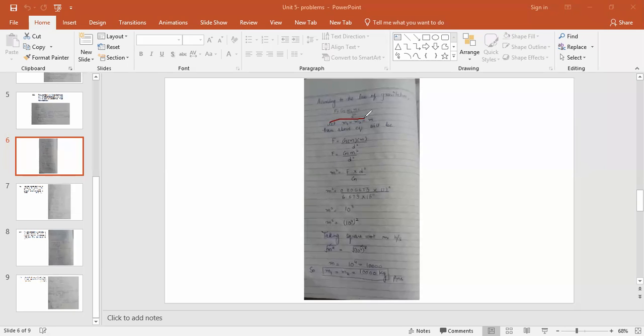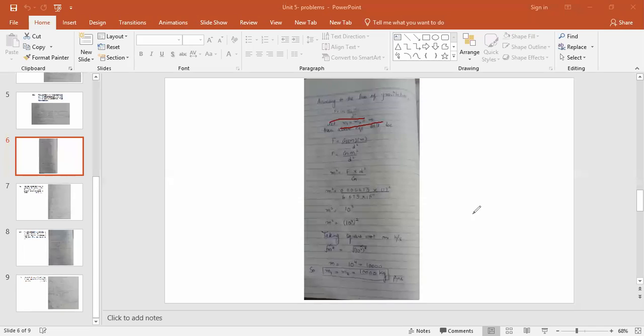Class, I write this problem by hand, and then I take pictures and upload them on the slide, so they might not be clear to you. That's why I'm repeating again and again while solving this problem. So let m1 and m2 be equal to m, because both masses are the same, so it will be easy for us to represent it with m.